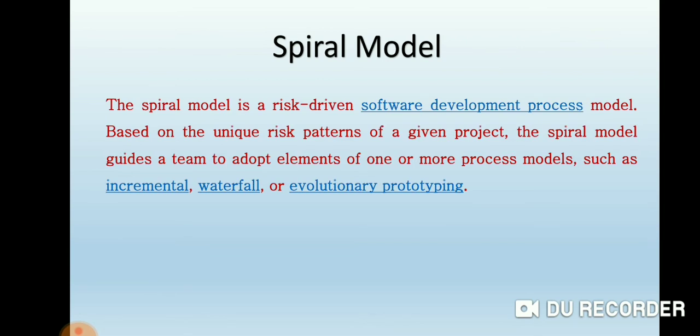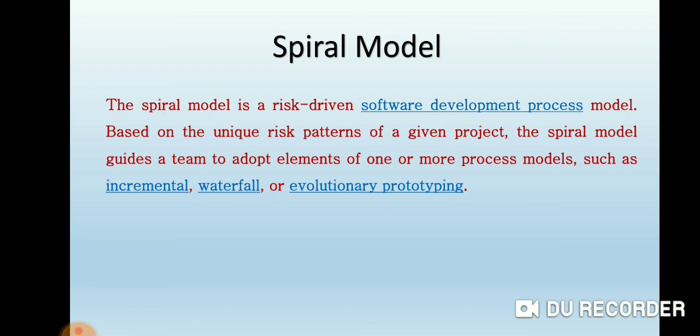Now we will see the second model, the spiral model. The spiral model is a risk-driven software development process model. Based on the unique risk pattern of a given project, the spiral model guides a team to adopt elements of one or more process models, such as incremental, waterfall, or evolutionary prototyping.